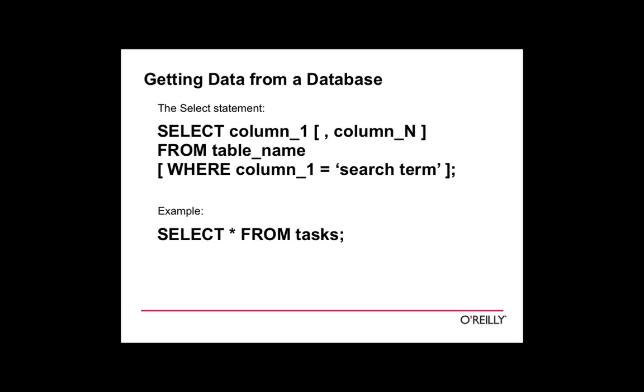And the way you do that is by issuing a select statement, which is composed of the select keyword and then a list of columns, the from keyword, and then a table name or a list of table names, and then, optionally, inside brackets (I use brackets to mean optional), a where statement, which allows you to make statements about how you want certain things to be.